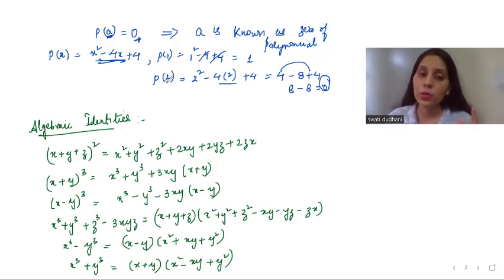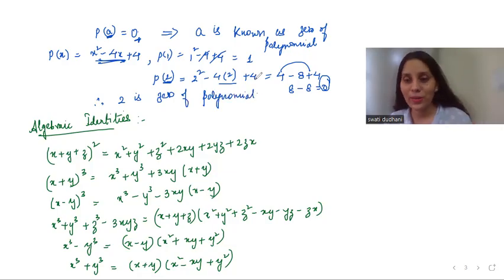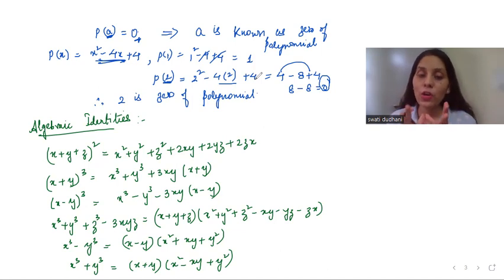When I substituted x as 2. Therefore, 2 is known as the 0 of the polynomial. I hope this concept is clear. So at what value you're getting the expression to be 0, that value is known as the 0 of the polynomial.